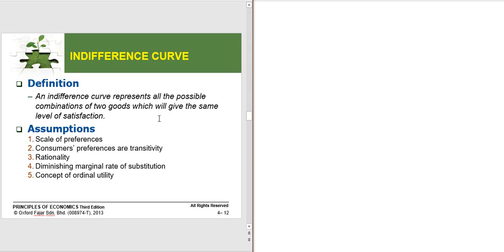Okay, and then the second assumption is consumers' preferences are transitive.